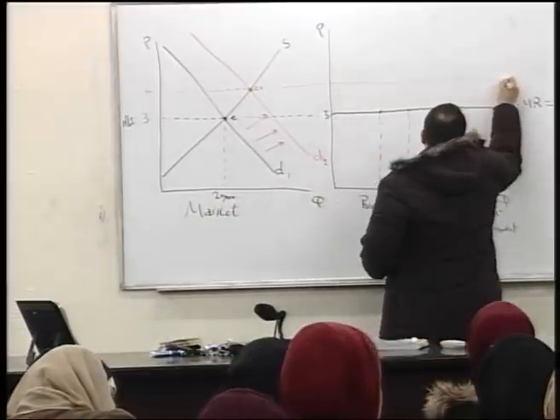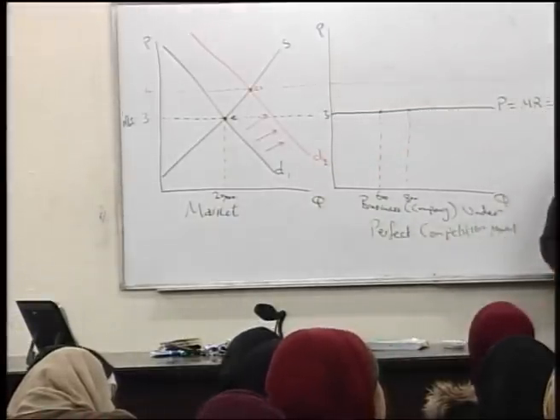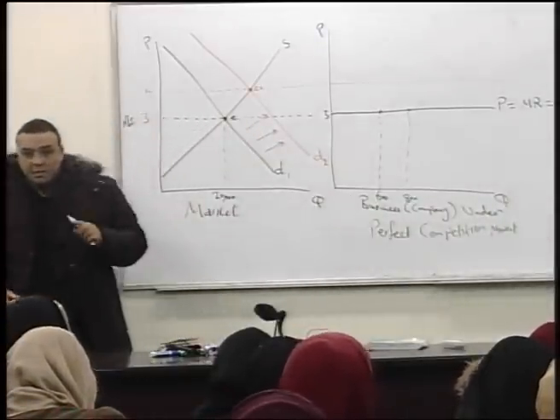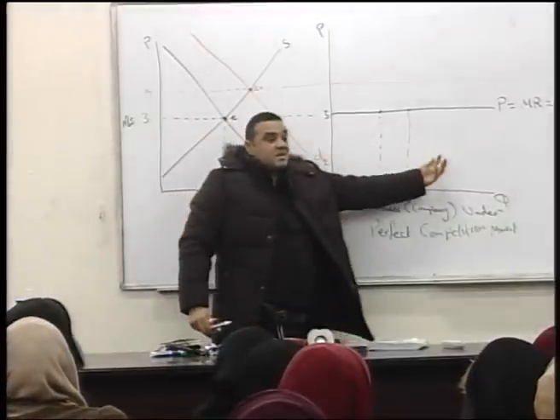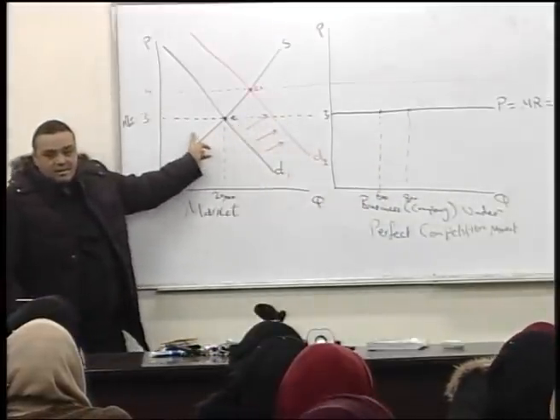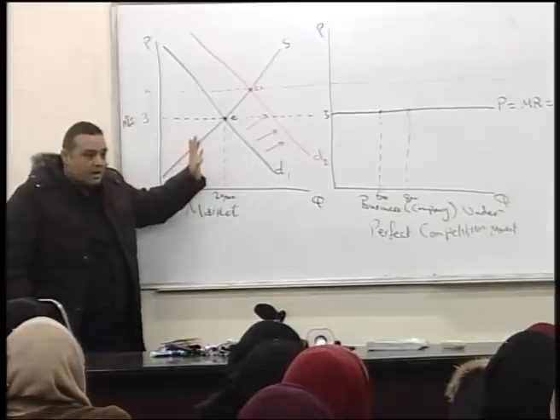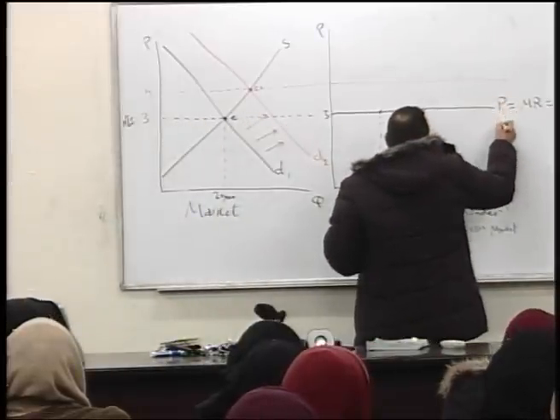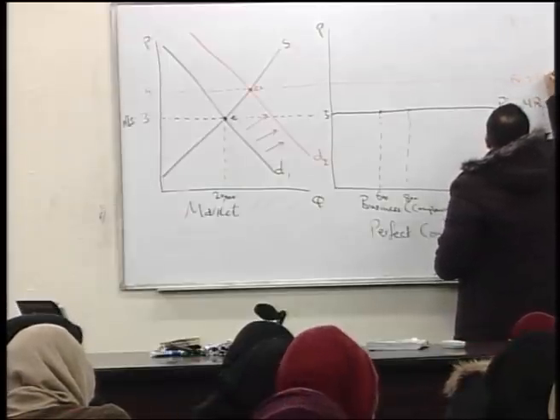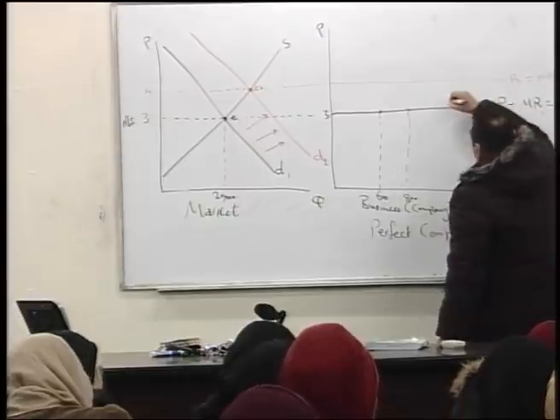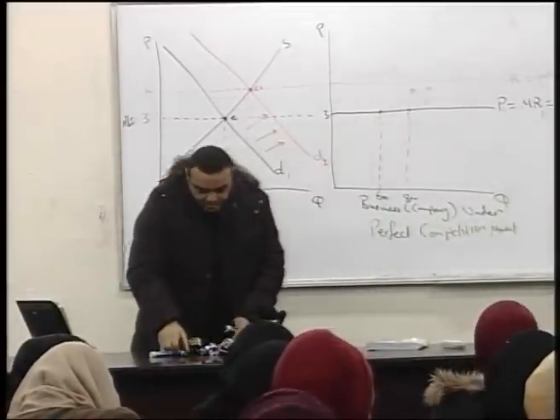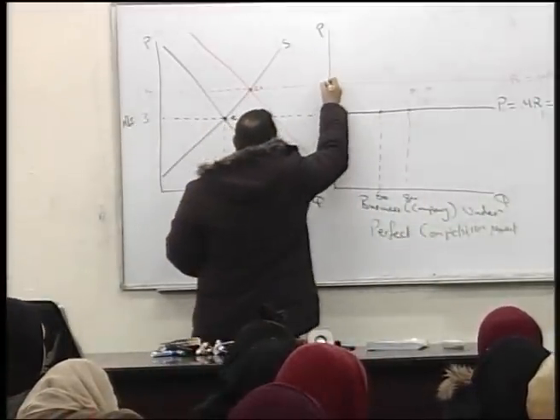Here we have a new demand curve for the business that works under the perfect competition market, with the new prices, which means this business is a price taker. So here we have price 1, MR1, D1, price 2, MR2, D2. The price goes up to 5. So here the new price is 5.